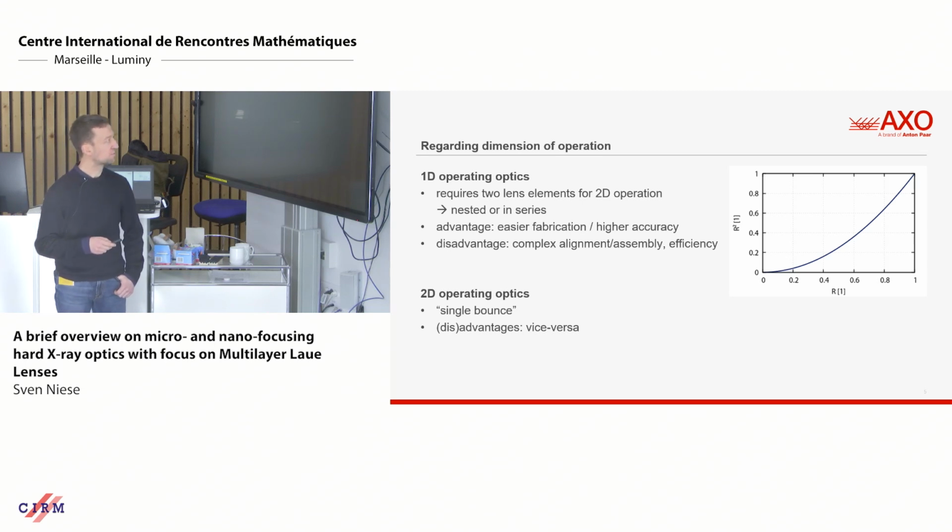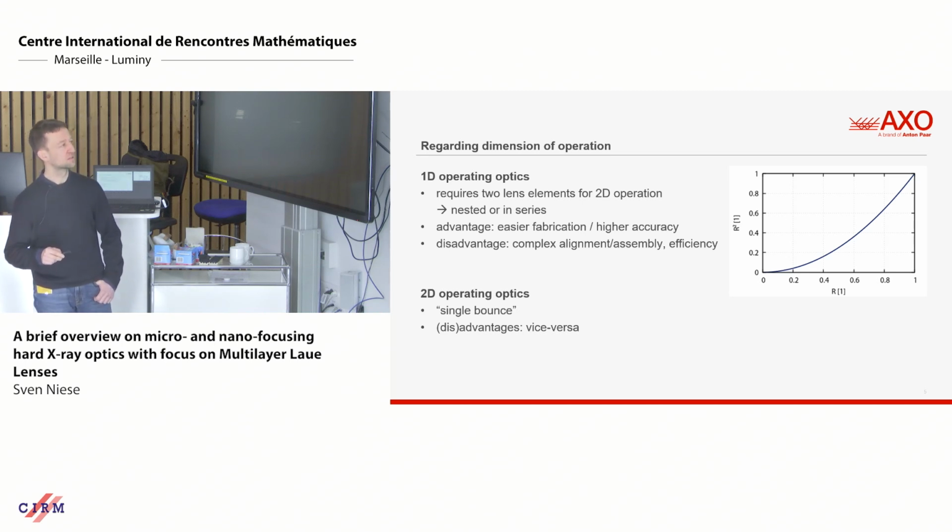The advantage of this approach is that the fabrication is typically easier. You get higher accuracies in terms of slope error and so on. The disadvantage is, particularly if you want something that finally operates in 2D, you have a more complex alignment, and also the efficiency drops.